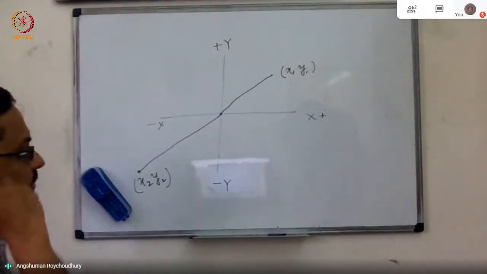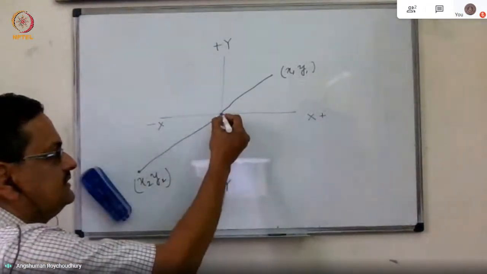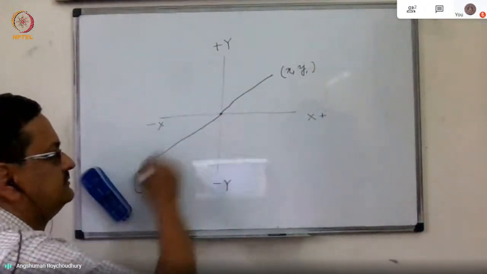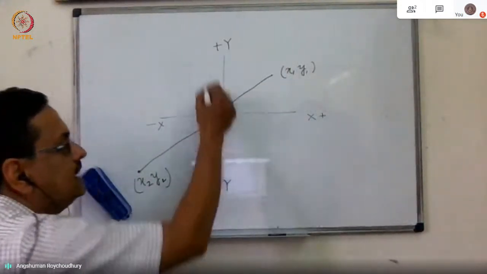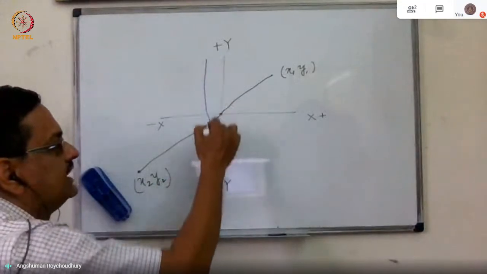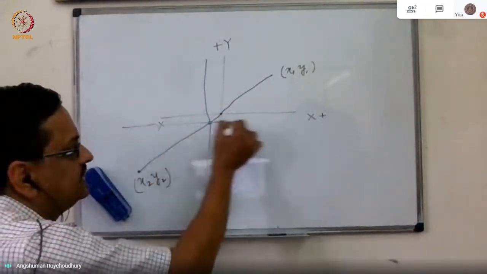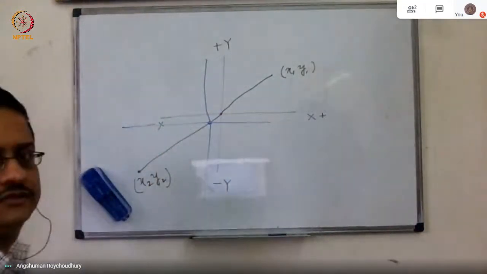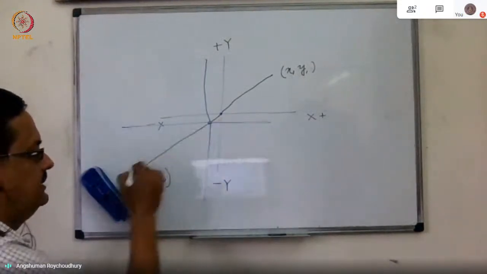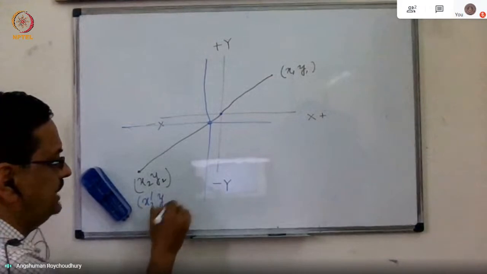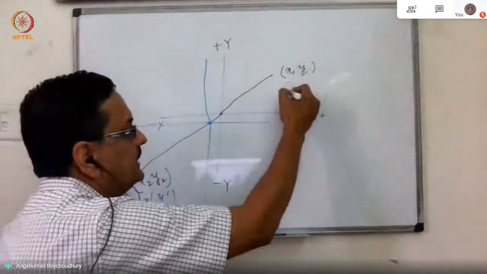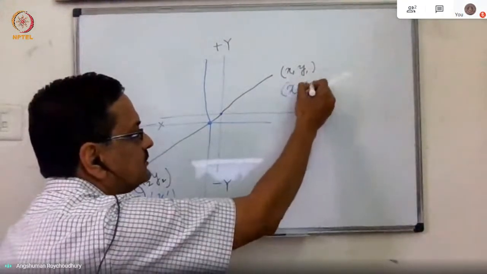So instead of having the center of inversion here, the midpoint of these two here, if we have the midpoint somewhere here and we draw our coordinate system like this, considering the origin is shifted there, from this point, the coordinate of that will be x2 prime, y2 prime, and the coordinate of that will be x1 prime, y1 prime.